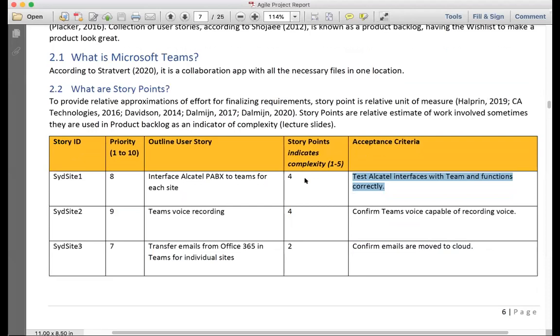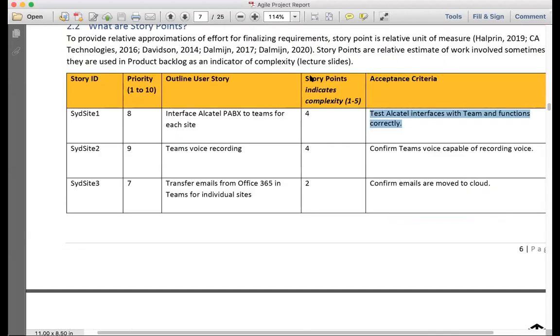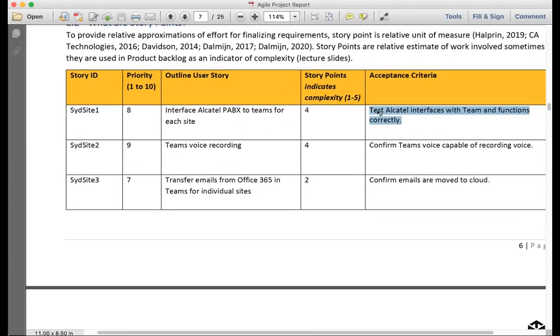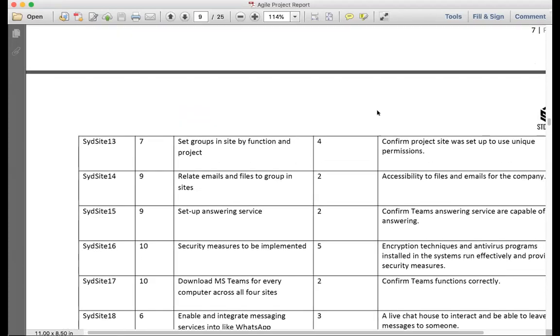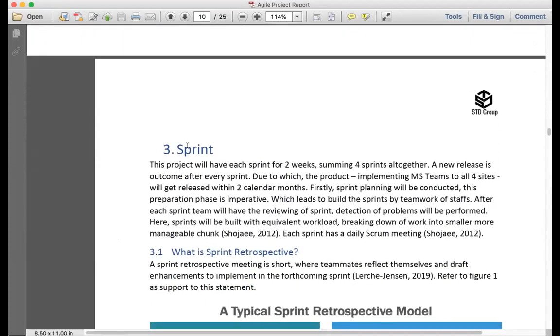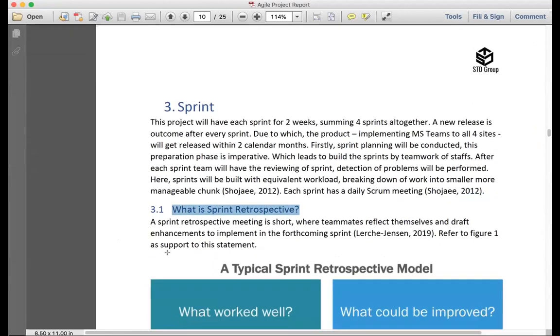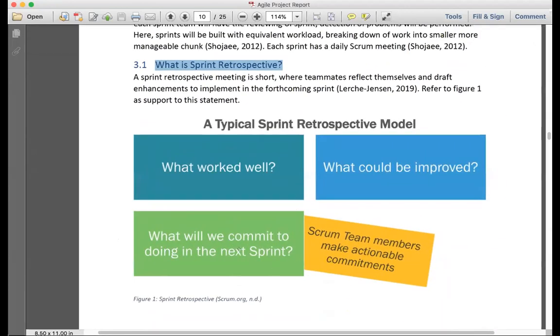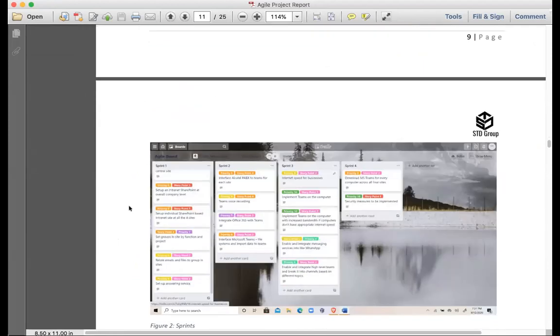Let's continue. So there's all of these user stories. There's story points, which talks about the complexity. There's a priority, which ones are more priority than others. There's the acceptance criteria. You go down here, there's more than one sprint, there's a sprint retrospective, there's research, there is more than one sprint, although if you look here, they're not having more than one stage per sprint, which is a big negative here.